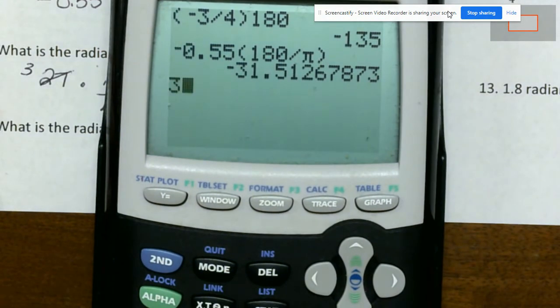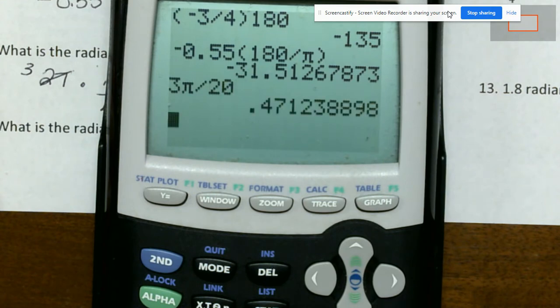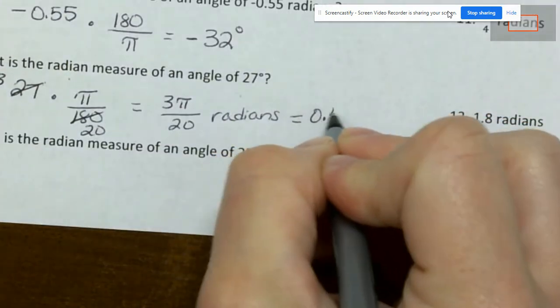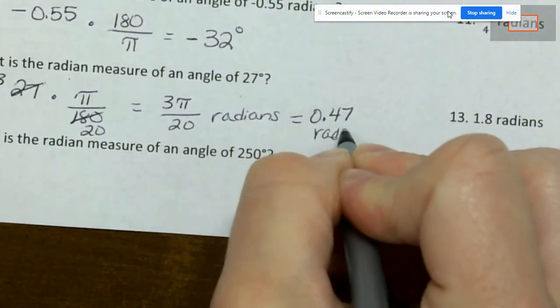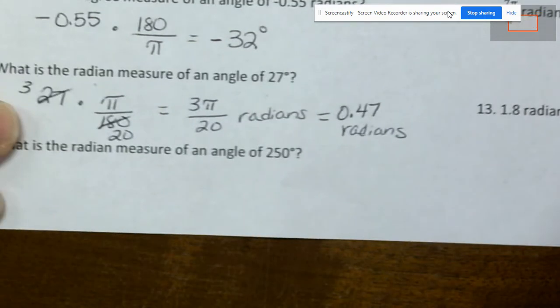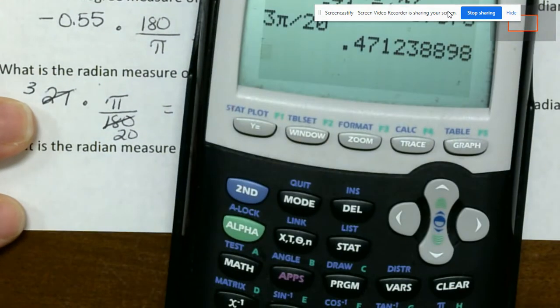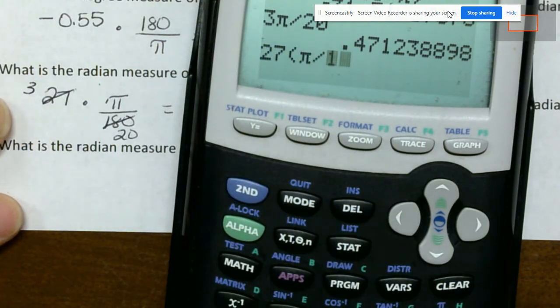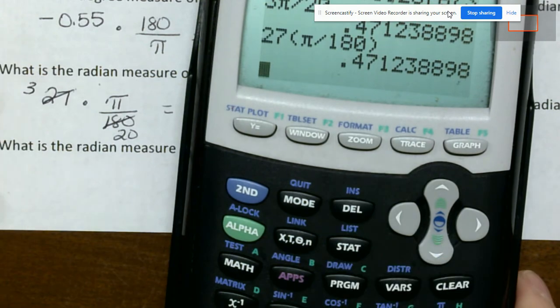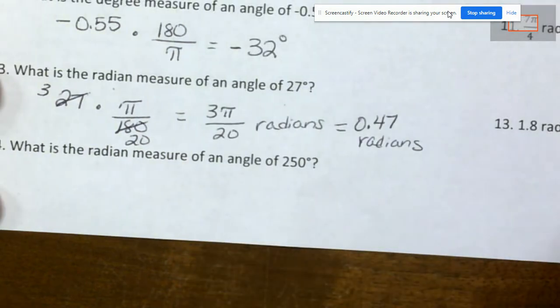So you'll put 3 pi divided by 20, and we would get 0.47 radians. Now, if you want to key this in from the very beginning, you can do that. You would put 27 times pi divided by 180, and you would get the same thing. So either way you want to do it is fine.